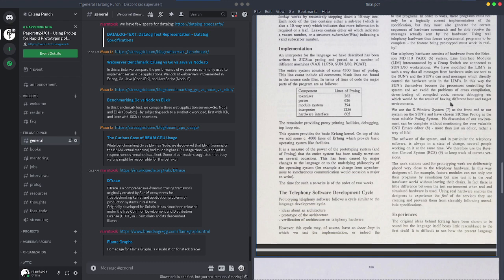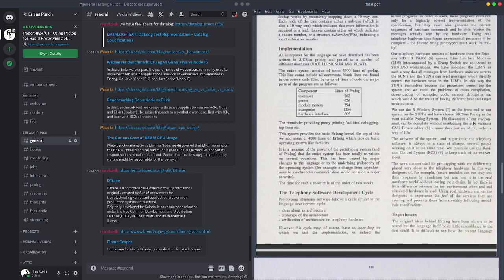In this way, the Suns themselves become the processor controlling the system, and we avoid the problem of cross-compilation, downloading of compiled code, remote debugging, and so on, which would be the result of having different host and target environments. We use the X Windows system at the front end to our system on the Sun, and have chosen Sicstus Prolog as the most suitable Prolog system.